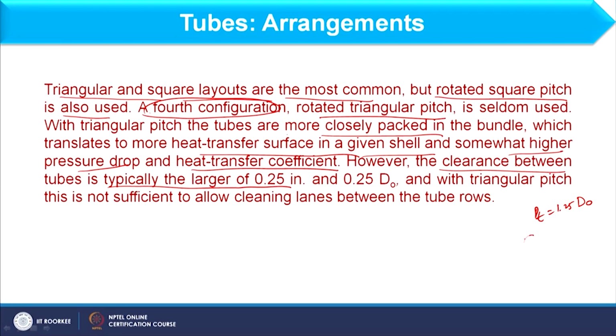So, if I am having two tubes like this, this is basically the PT, and if you consider this distance and this distance, combined they give D naught. So, the available distance is 0.25 only, right. In this way this is the clearance, and with triangular pitch this is not sufficient to allow cleaning lanes between tube rows. So, in that case mechanical cleaning is difficult, however, we can carry out chemical cleaning, fine.